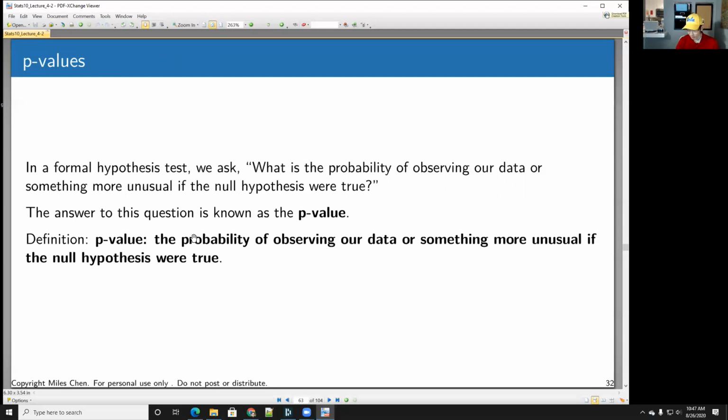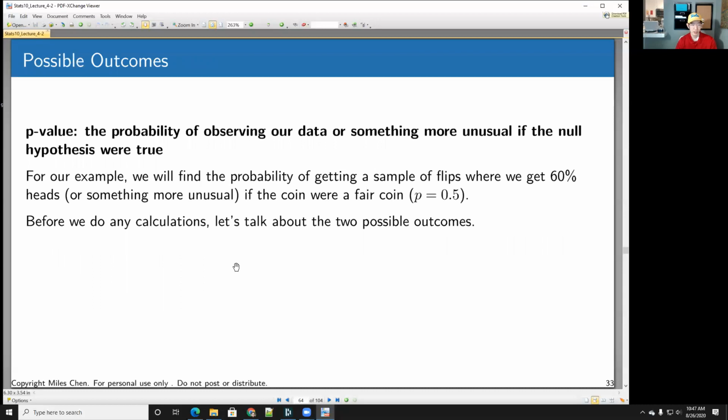All right, and we will formally go over the results here. For our example, we're talking about the probability of getting a sample of flips where we're getting 60% heads, or something more unusual, if the coin were a fair coin.